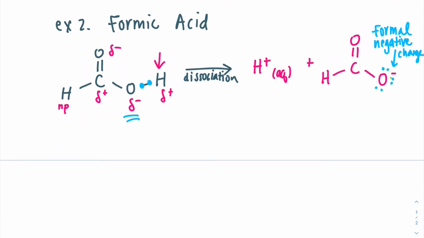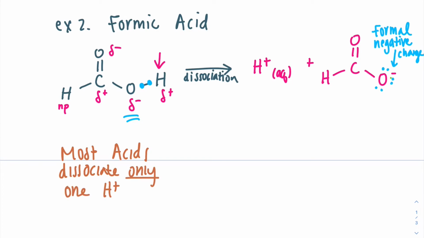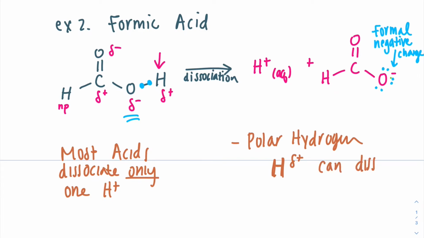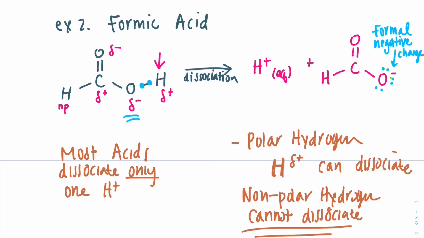Okay, a few more things here. Most acids, not all, but most acids dissociate only one hydrogen. That's it. Most acids only dissociate one H+. And it bears repeating that polar hydrogens, that is an H with a partial positive charge, can dissociate, whereas nonpolar hydrogens cannot dissociate ever. They cannot do it.